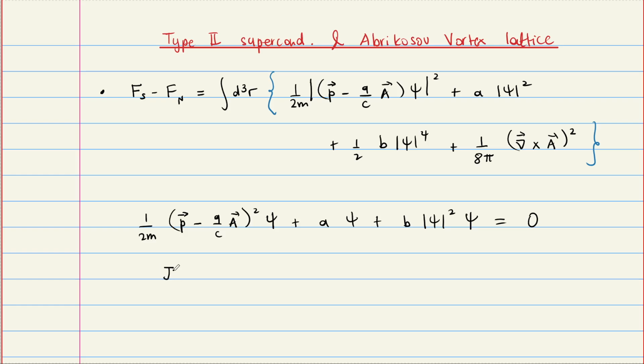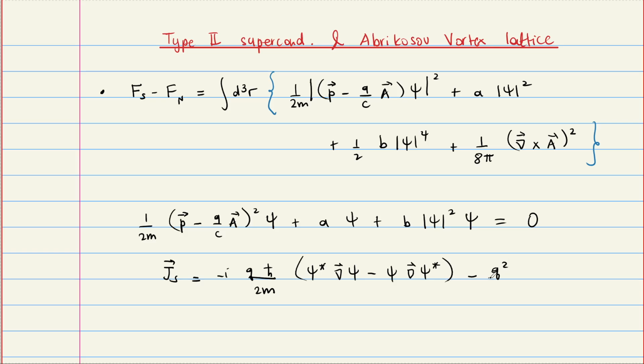We found a current, and the current was minus i Q h bar over 2m. Like this is the usual quantum mechanical current, you are probably familiar, psi star nabla psi minus psi nabla psi star. So this is the usual current, and we also have the so-called diamagnetic term.